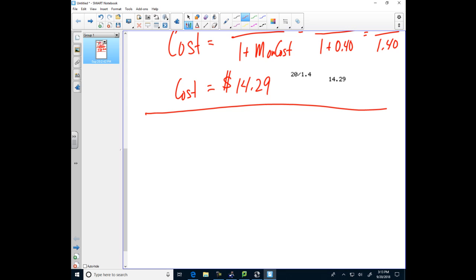Well, how about 24? So 824, let's write down what we know. 824. What are we given? Well, we got a 42% markup on cost, isn't it?